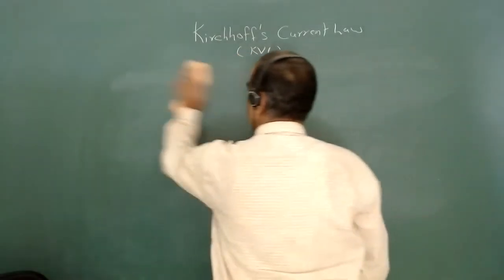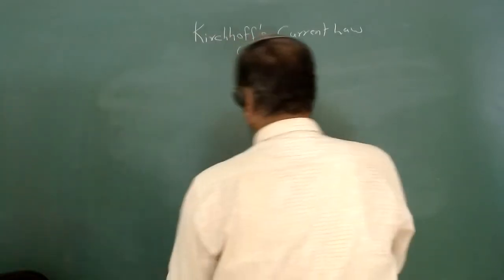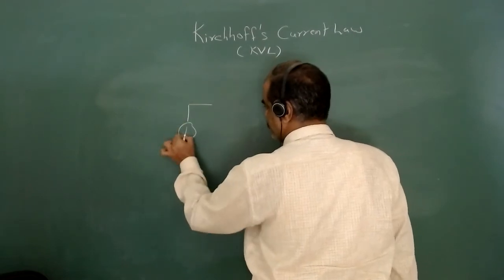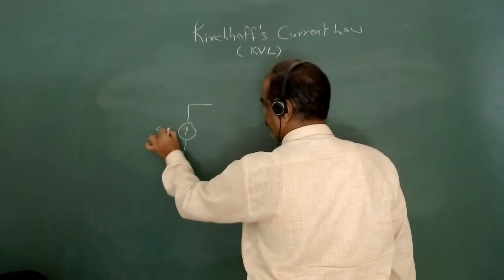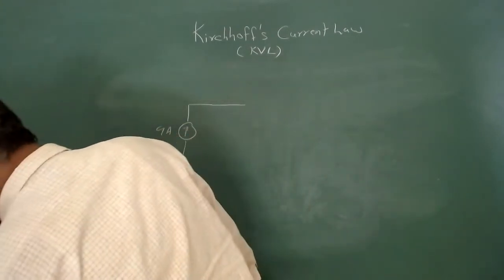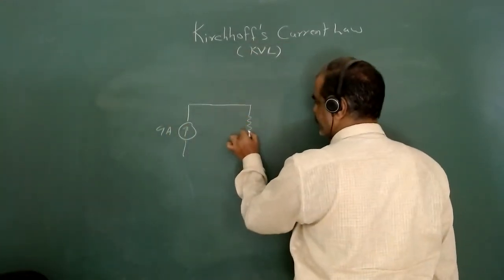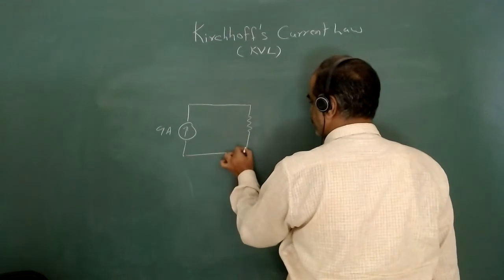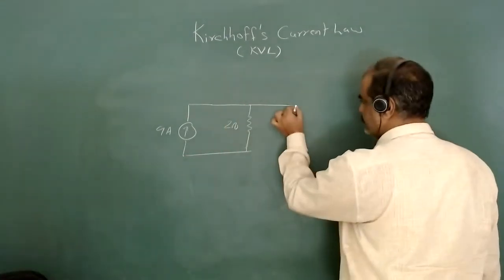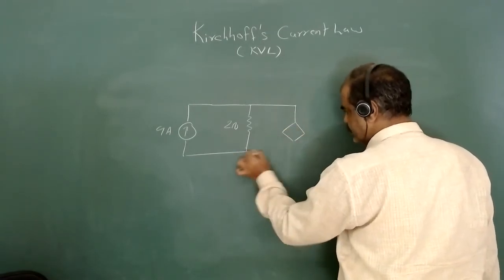I have been given one current source, say of 9 ampere, and then a resistance of 2 ohm, and across this resistance I have one more current source, a dependent current source.